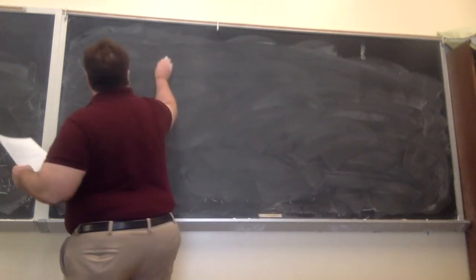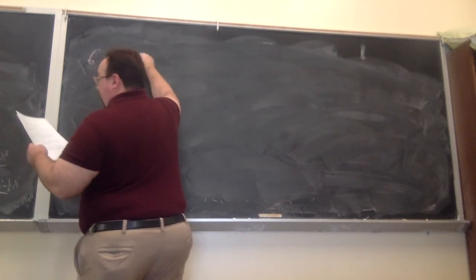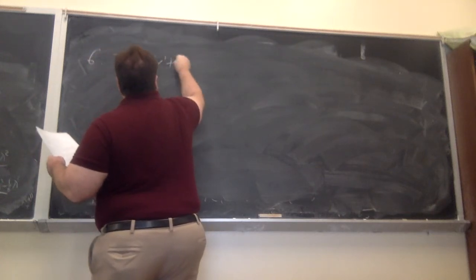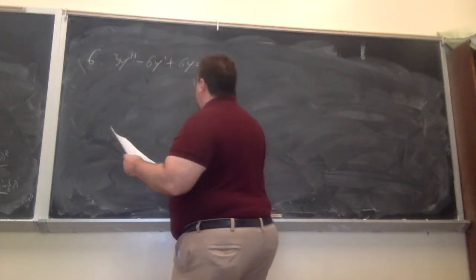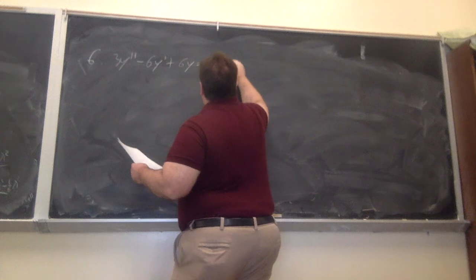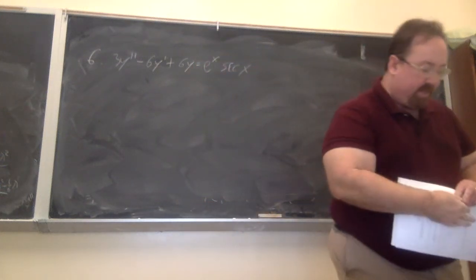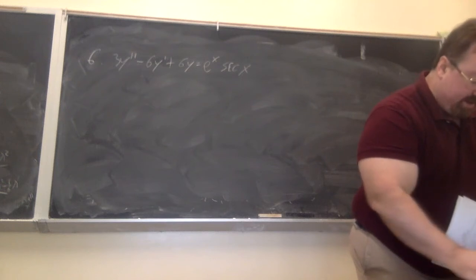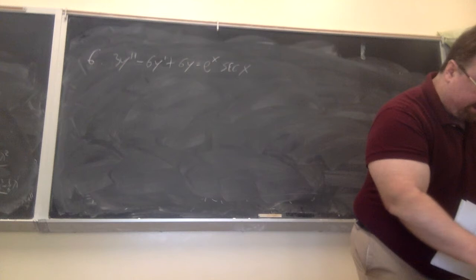Okay. So I have 3y double prime minus 6y prime plus 6y is equal to e to the x secant of x. Now, one thing you can tell right off the bat, because of the right-hand side, we cannot use undetermined coefficients for this one.